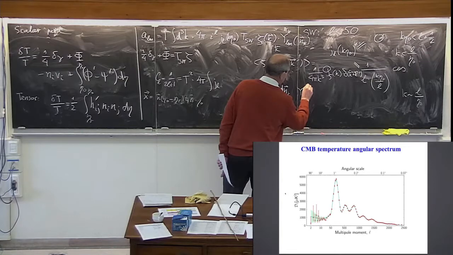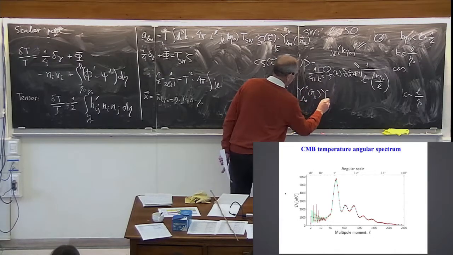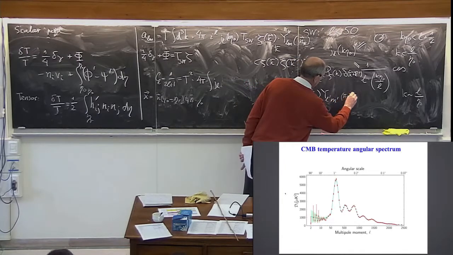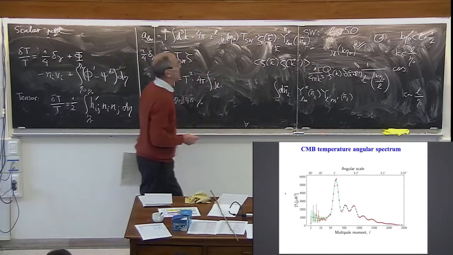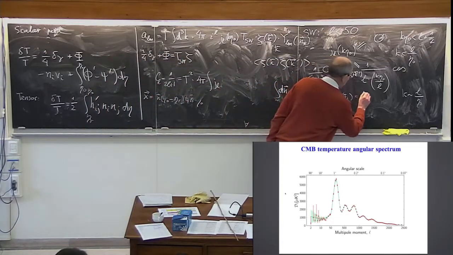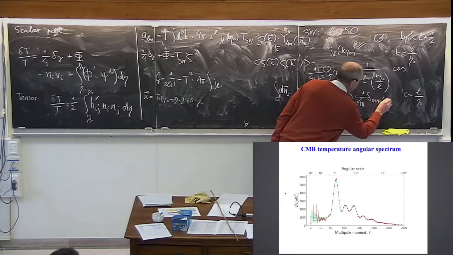That's the technical reason why you get the delta symbol, L prime, n prime of n_k integrated over angles in the momentum space, which now gives you indeed 1 over 4 pi delta m m prime delta LL prime.